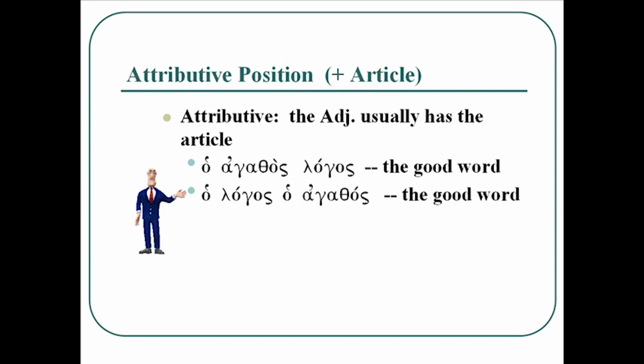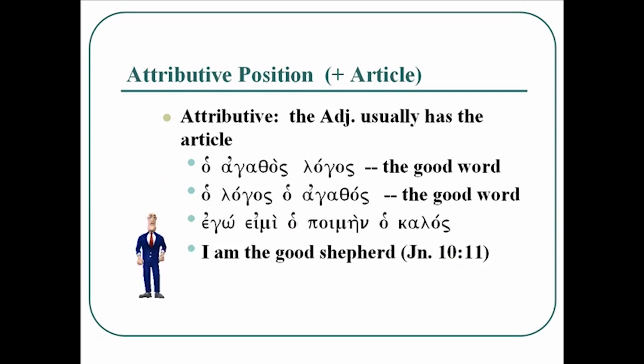But it could also be written as ho logos ho agathos, which also means the good word. So, for example, in John 10:11, it says, Ego eimi ho poimen ho kalos, I am the good shepherd. Kalos also means good.